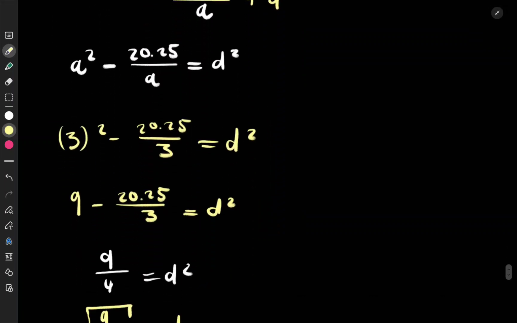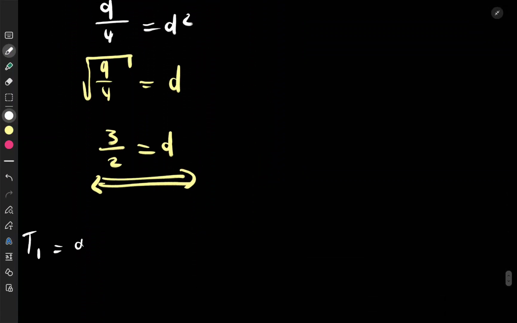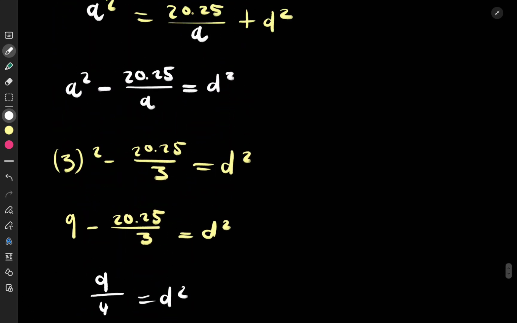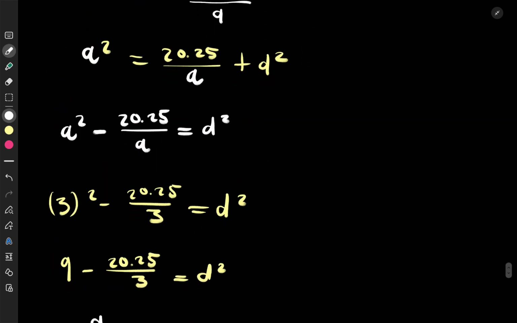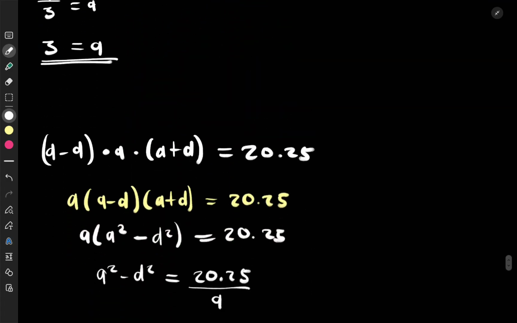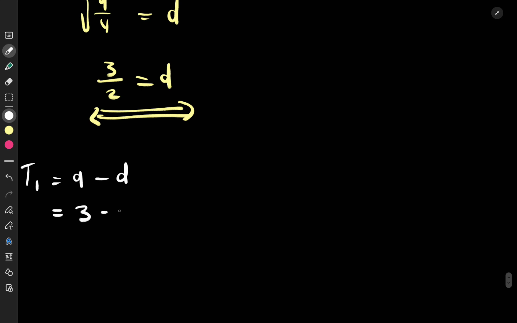So we can now say t1 is equal to a minus d, which is going to be equal to, what is my a? We got our a as 3, right? We got it somewhere up here. a is 3. Then d, we got it as 3 over 2. So it's going to be 3 minus 3 over 2. Put it in the calculator again.